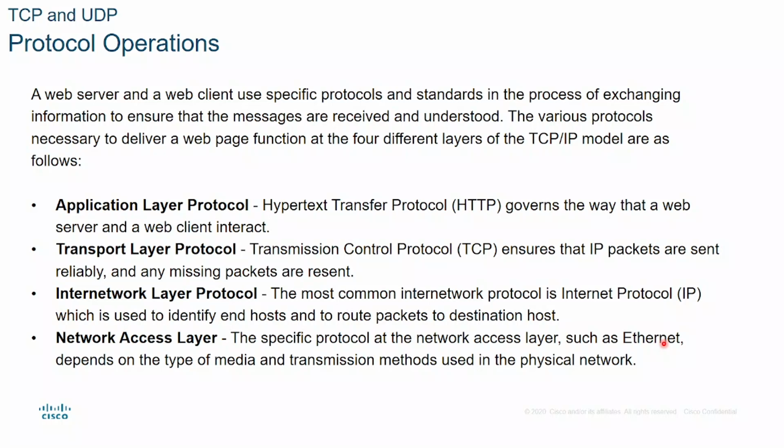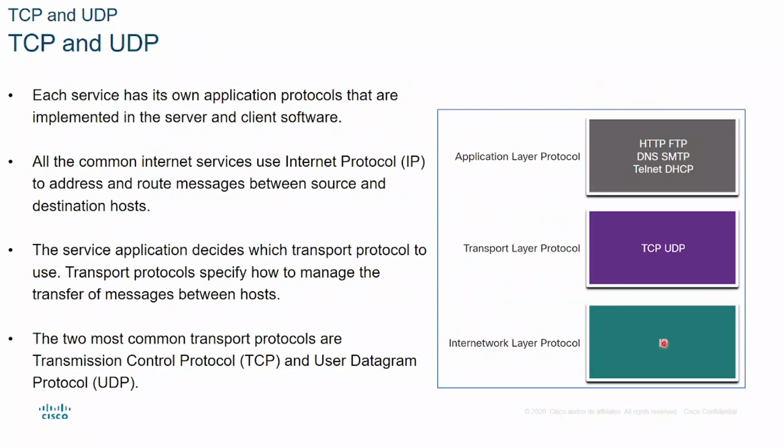If it's wired, it means it's via an Ethernet cable. So it depends on the network interface card that the host machine has. A network interface card can either be a card that requires a wired connection or a card that requires a wireless connection.